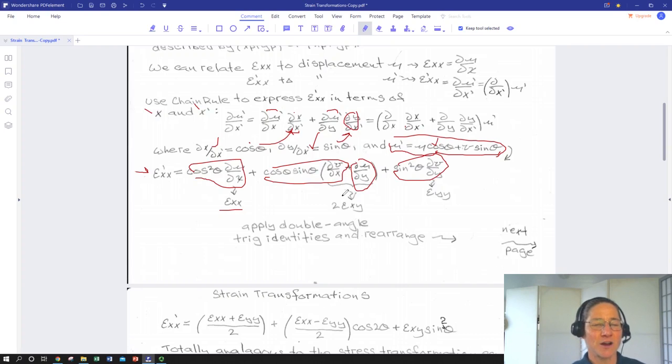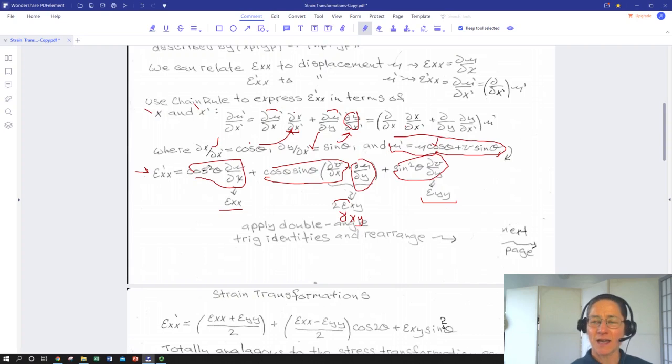That gives us our shear strain. And I've written this in terms of our tensor shear. We could write it in terms of engineering shear. It's easier to write it in terms of 2 times the tensor shear. And then of course we have our normal strain in the y direction in our non-rotated, our reference coordinate system, times sine squared theta. So a lot of geometry, chain rule, some partial derivatives, and grouping terms.